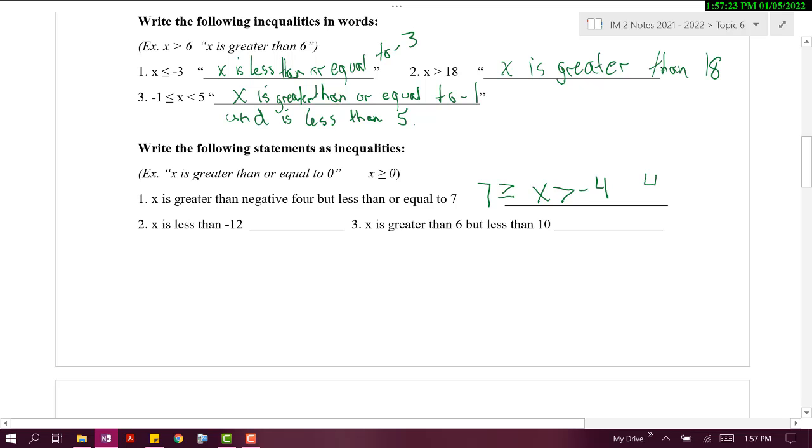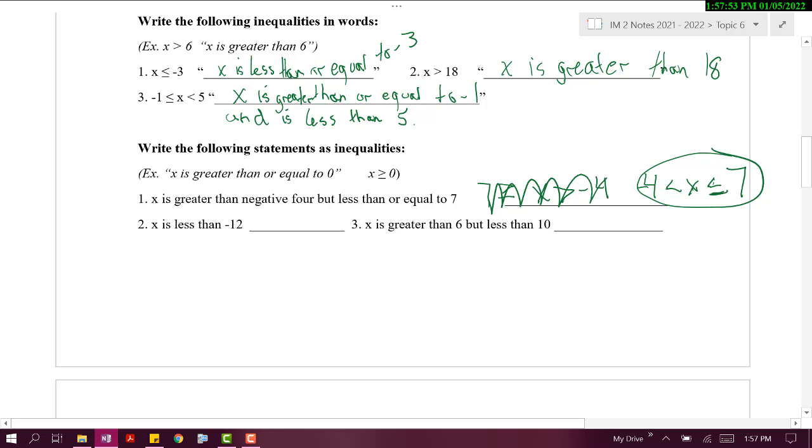I think it'd probably be easier to write it like this, the way it should be. So we have -4 is less than x. Cool. And x is less than or equal to 7. So we have a line under, or geared towards, the 7, and the -4 is just the less than.